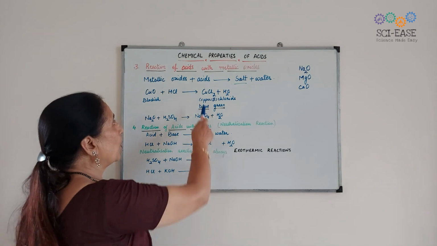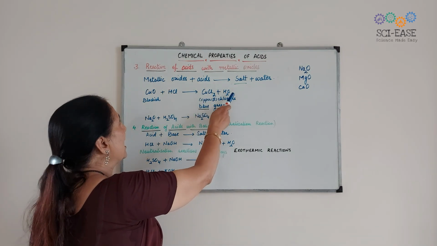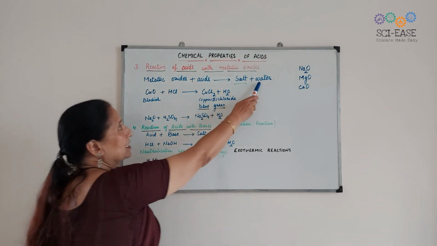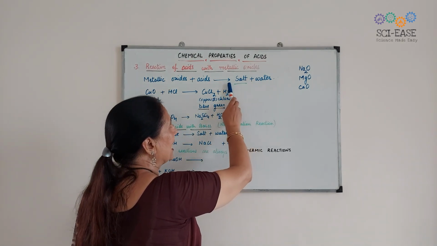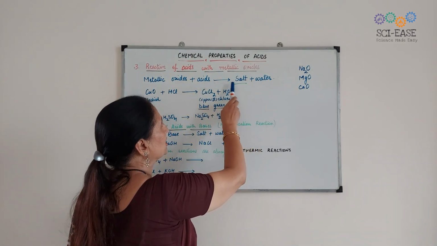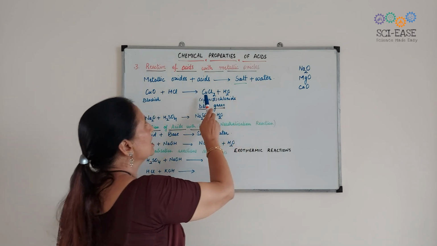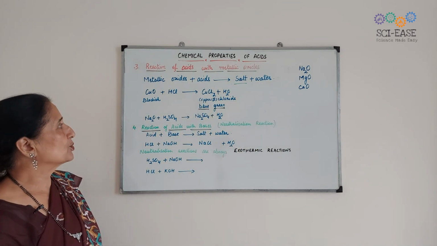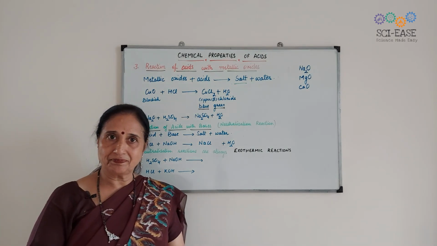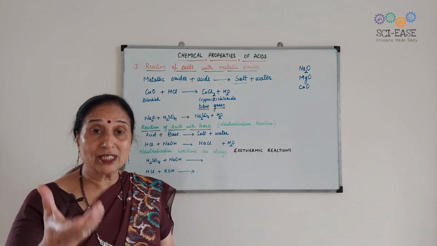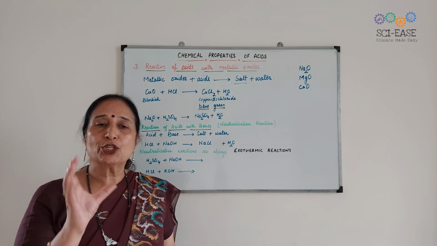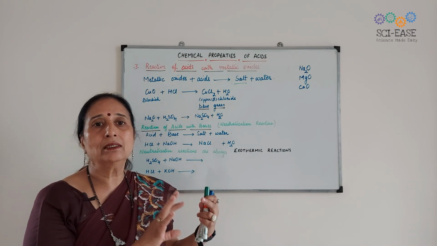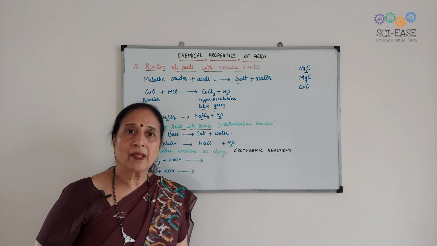So the salt is CuCl2 and water will be formed. We have studied that in the general equation, salt plus water is formed. Salt here is CuCl2, and H2O will be formed. So this is a very good activity showing the reaction of acids with metallic oxide.